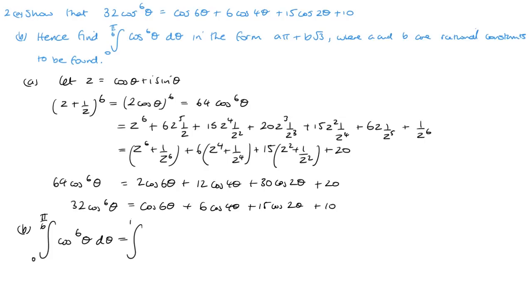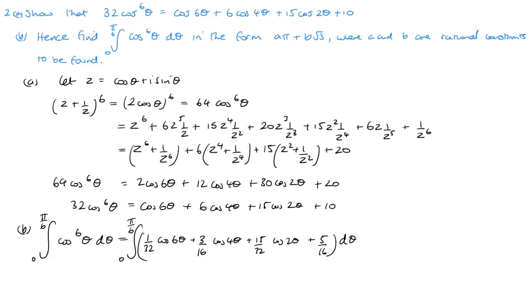This is going to be 1 over 32 cos 6 theta plus 6 over 32, which is 3/16 cos 4 theta plus 15 over 32 cos 2 theta plus 10 over 32, which is 5/16, d theta.